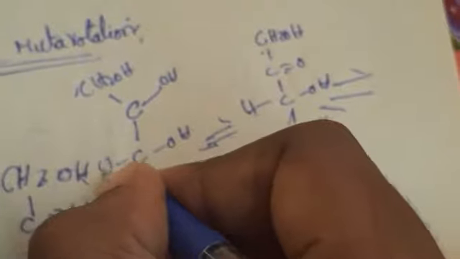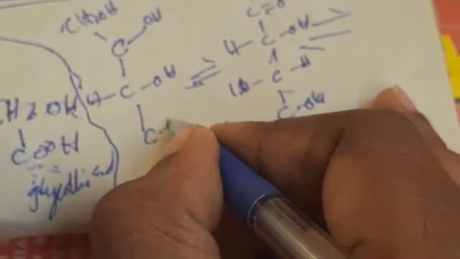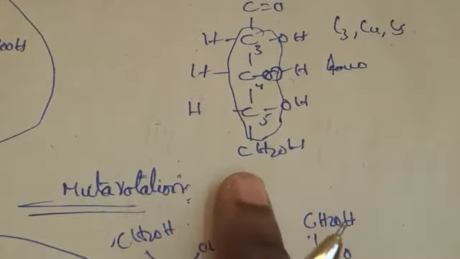OH, H, which is on the right side, we call it the alpha form. OH, H, OH, H, CH2O. Okay, so this is linked with O. See here, generally at the last carbon we have CH2OH, yes or no?